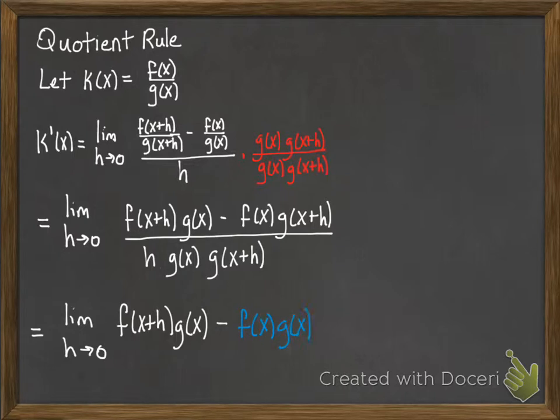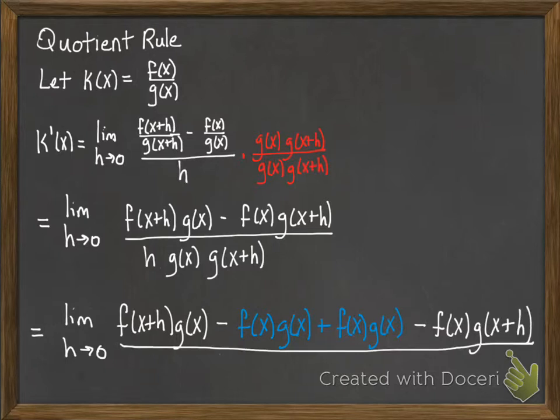And so since that's what we need, we give that to ourselves. So I subtract off an f of x g of x. That way I can now factor out the g of x and have what I need. And likewise, since I subtracted that, I need to add that to both sides, and that'll all be over h.